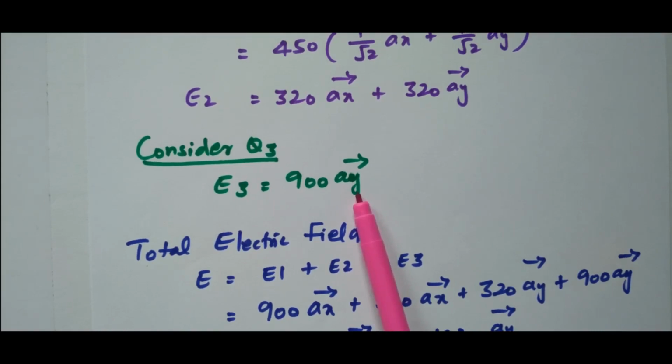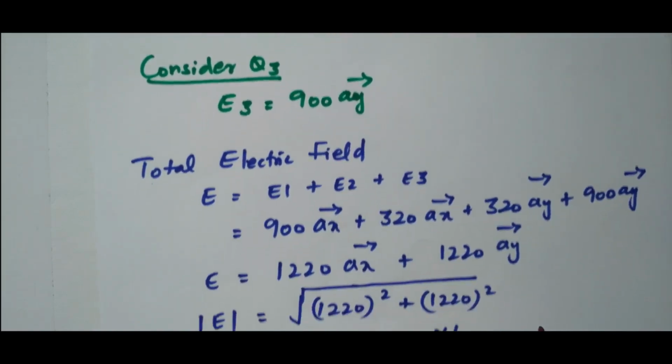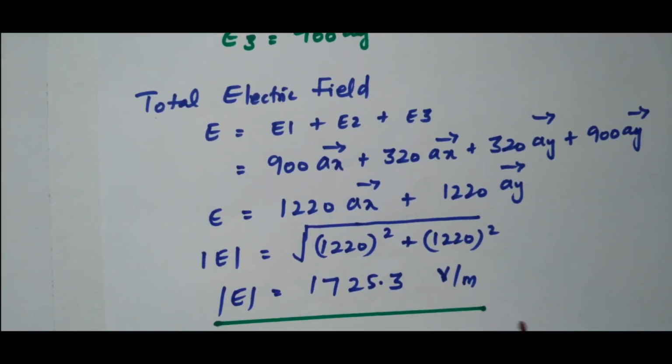Now we got all three values due to Q1, Q2, Q3, so they can be added together. E equals E1 plus E2 plus E3. E1 equals 900 AX, horizontal. E2 has two values, horizontal component and vertical component, which we just calculated. And E3 is 900 AY. This is horizontal, this is vertical.